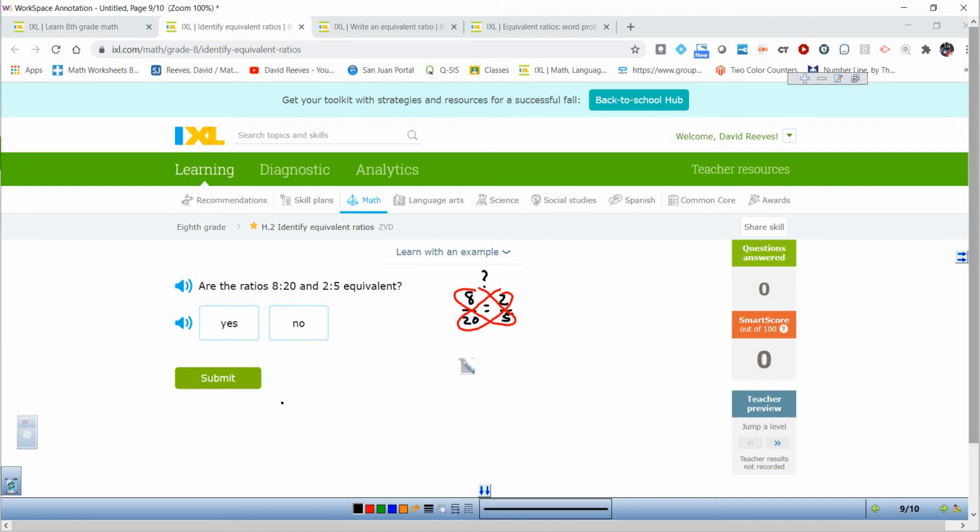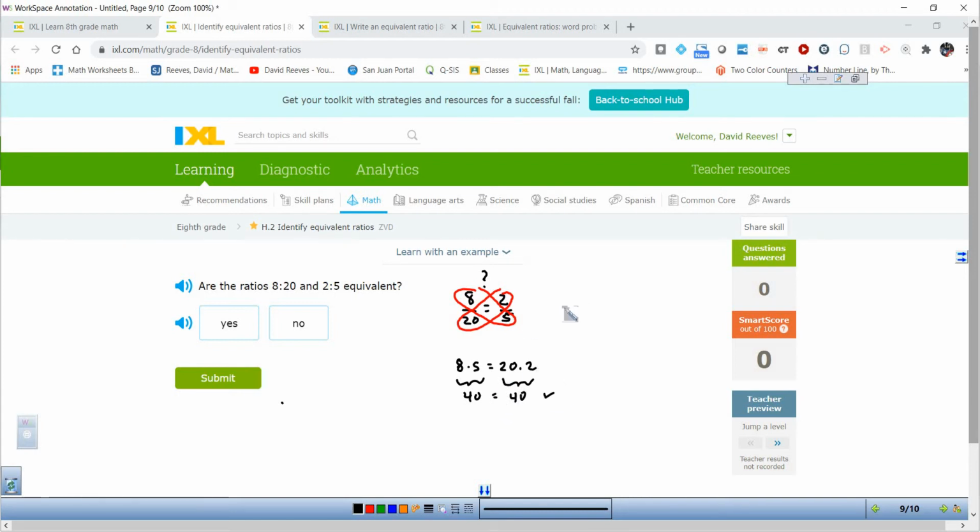If I cross multiply here, I get 8 times 5, and here I get 20 times 2. 8 times 5 is 40, and 20 times 2 is 40. And as you can see, 40 is equal to 40.